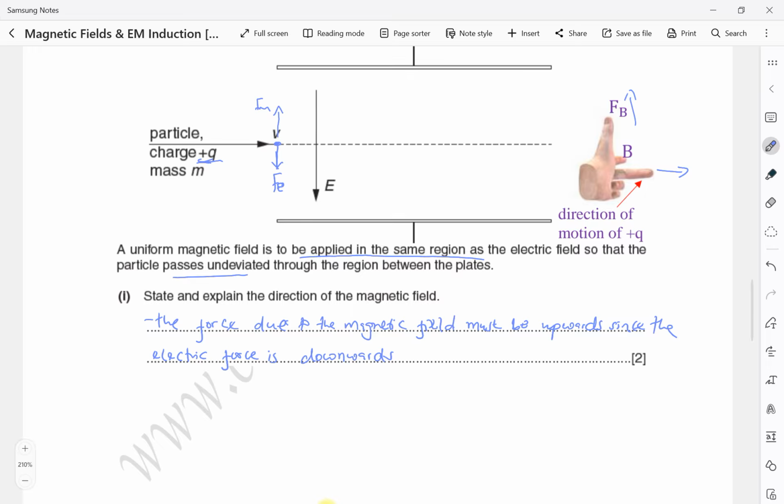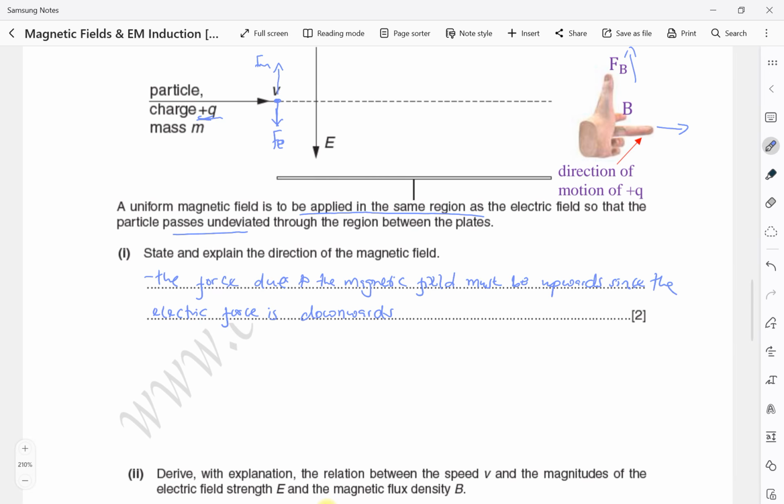Remember I said the electric force on a positively charged particle is in the same direction as the field. Because E is showing that the field is downwards, the electric force is downwards. So for no deviation, we need an equal but opposite force. So the magnetic force must be upwards if we introduce a uniform magnetic field.